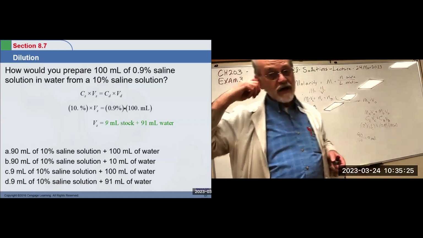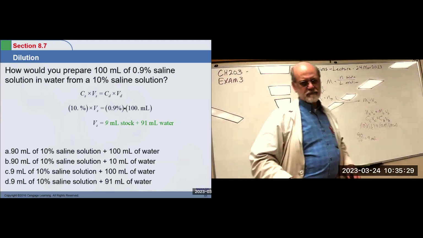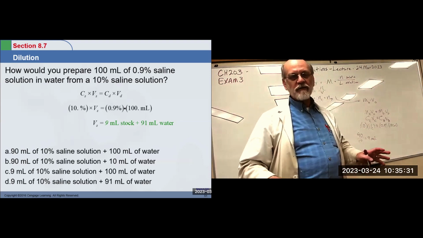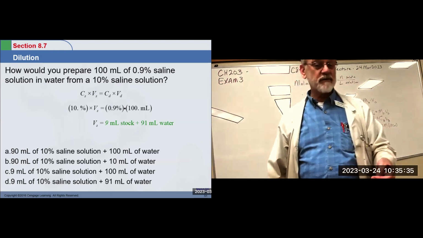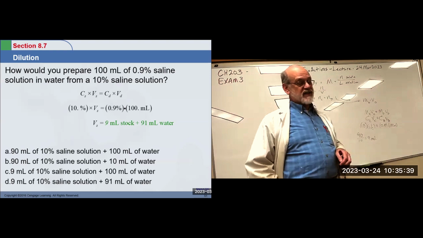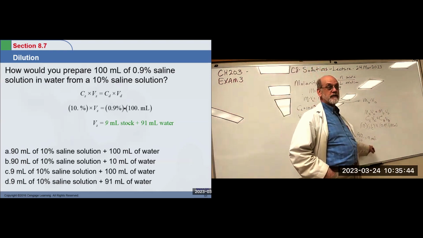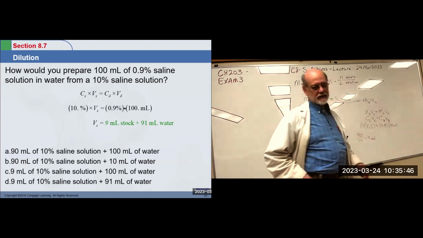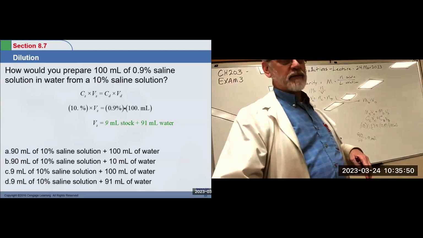9 milliliters of stock diluted to a final volume of 100 milliliters, which means roughly 9 milliliters plus 91 milliliters of water, but that's not exact. What you need is a 100 milliliter volumetric flask so that the final volume can be determined, because just adding 91 milliliters to this may not give you the right volume.